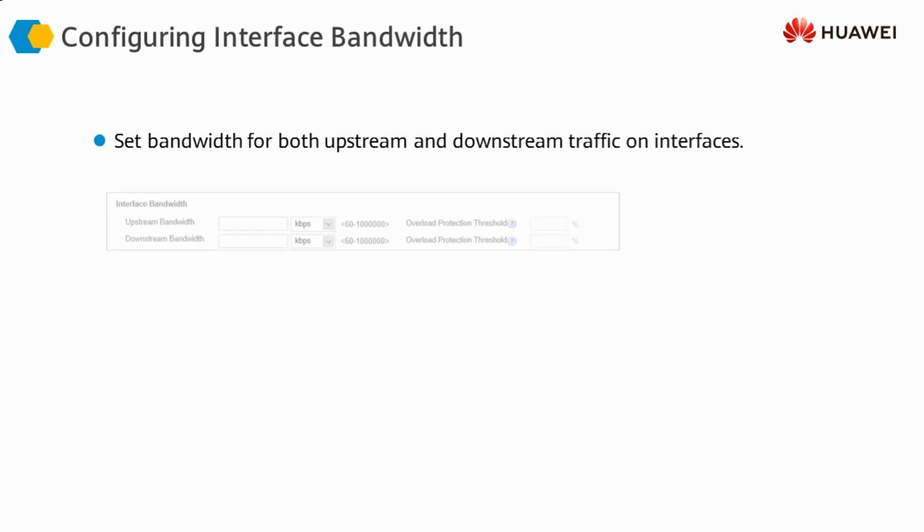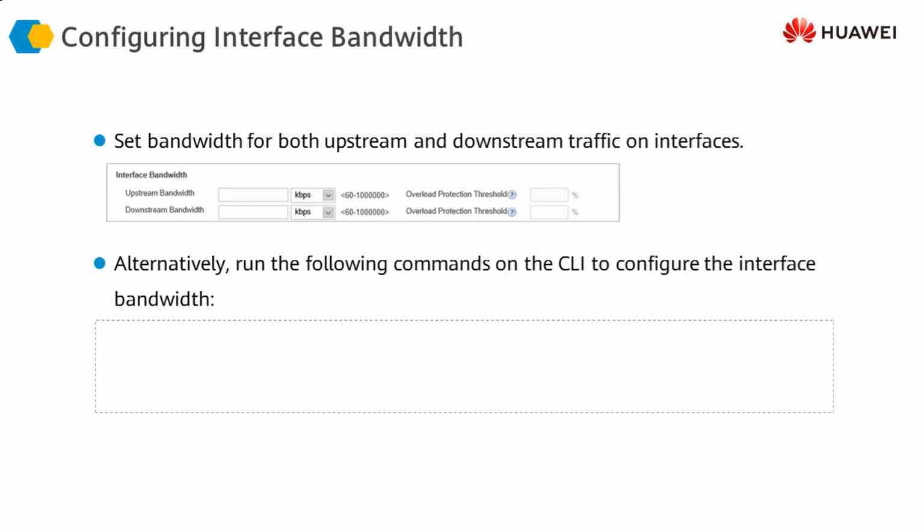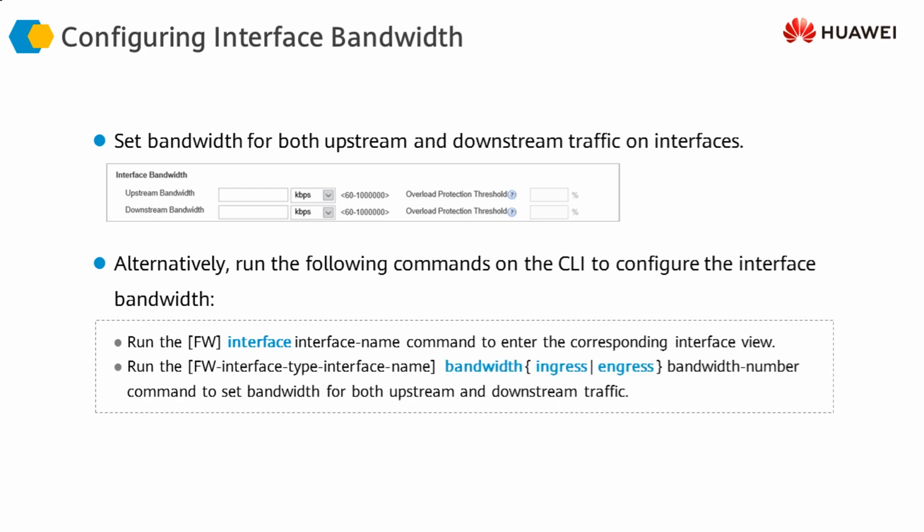And finally, if we've done this, we can configure the interface bandwidth as well. Because it's based on inbound and outbound interfaces, we define the overall interface bandwidth by configuring the bandwidth limitations here. The upstream bandwidth and the downstream bandwidth can be defined here.